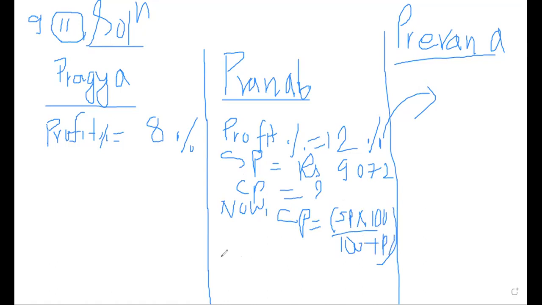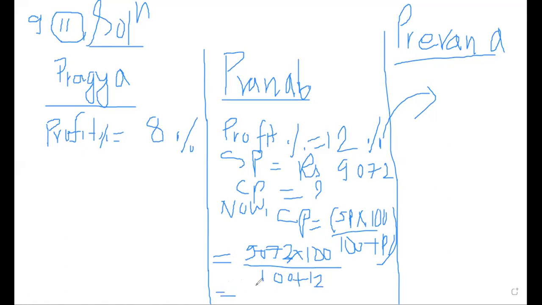Let's solve it. SP is given there, 9,072. 9,072 into 100, and down it will be 100 plus how much profit percent? 12. Now we have to divide it.